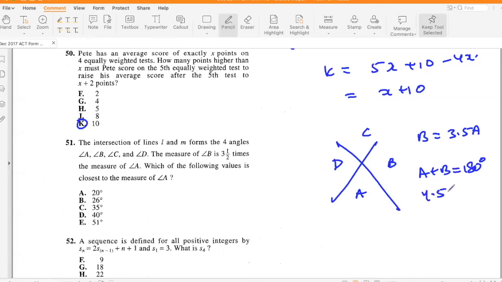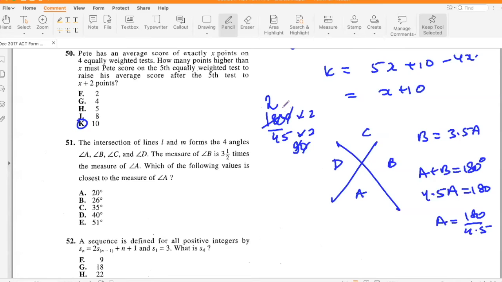So 4.5A is 180. So A is 180 by 4.5, which is 1800 by 45. So that's divided by 5 and divided by 5. So 0 cancels. 9 into 2, 18. So that's 40. D.